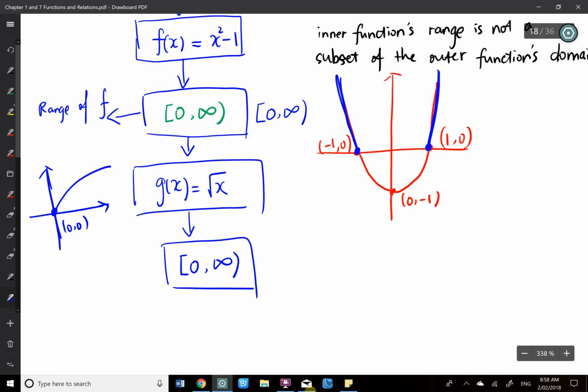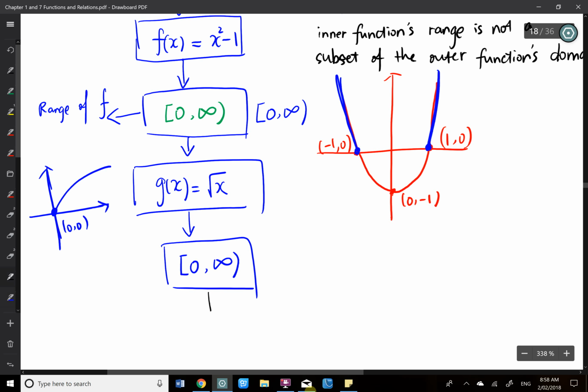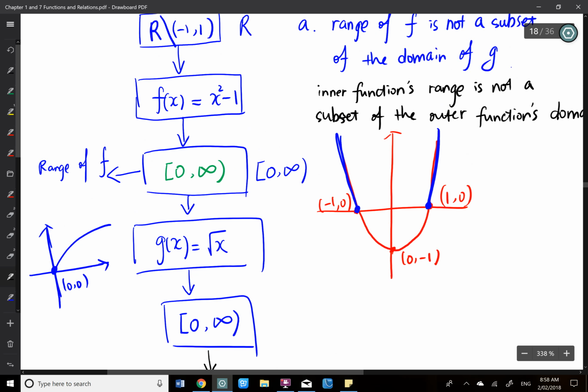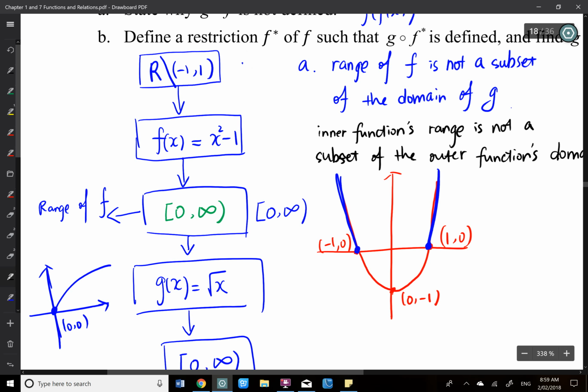So this is called the range of the composite. The very beginning is the domain of the composite.